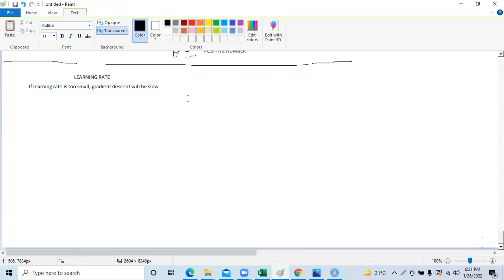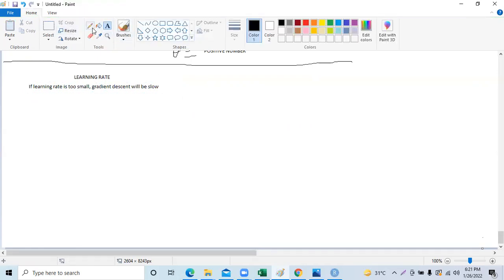Right? So if learning rate is too small, the algorithm will be slow. What do I mean? So if we have this as usual, we have our curve, right?